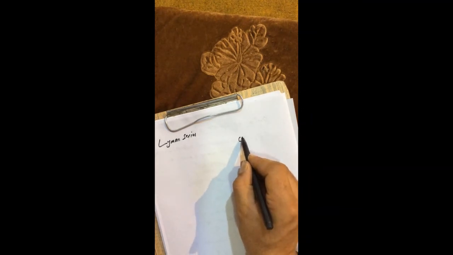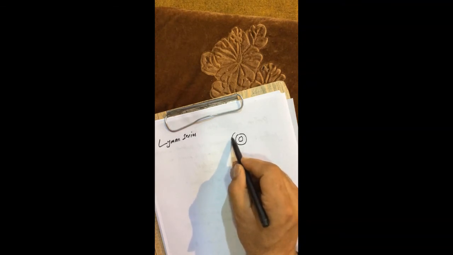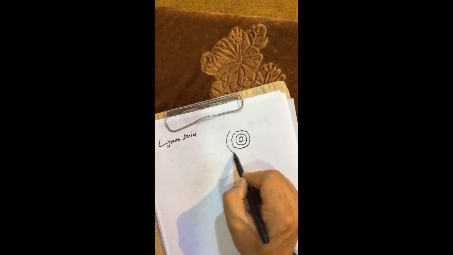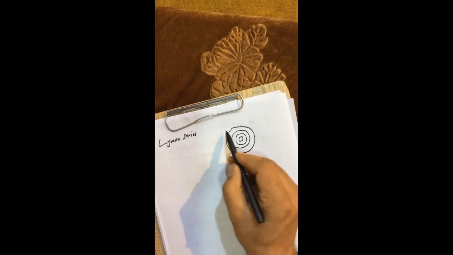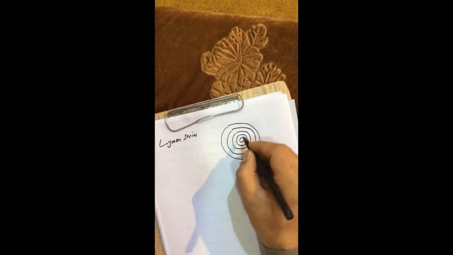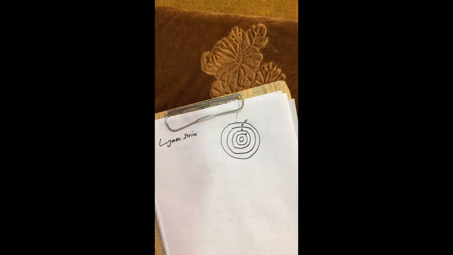We have the nucleus, here the K shell, the L shell, then the M shell, the N shell, the O shell, and so on.